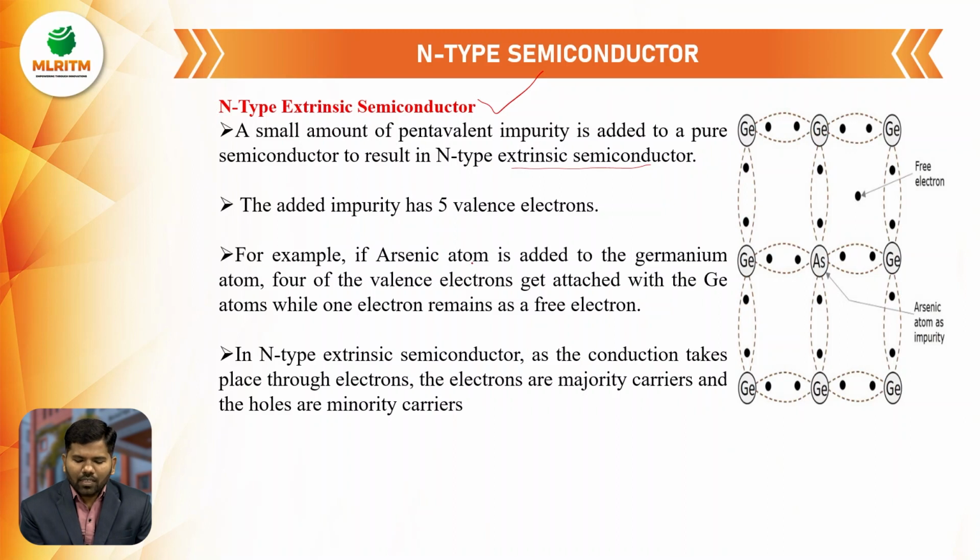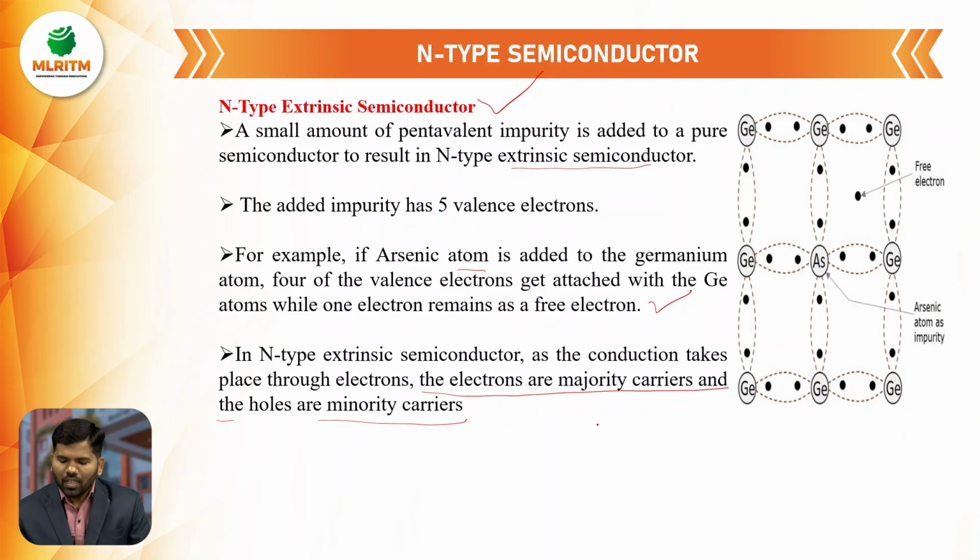For example, if an arsenic atom is added to the germanium atom, four of the valence electrons get attached to the germanium atom, while one electron remains as a free electron. Now this free electron participates in the conduction. In an n-type semiconductor, as the conduction takes place through the electrons, the electrons are the majority charge carriers and holes are the minority charge carriers.